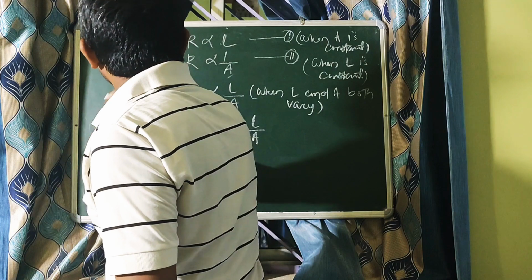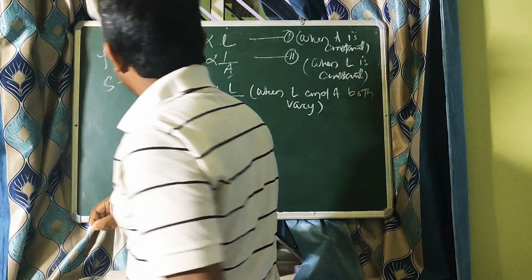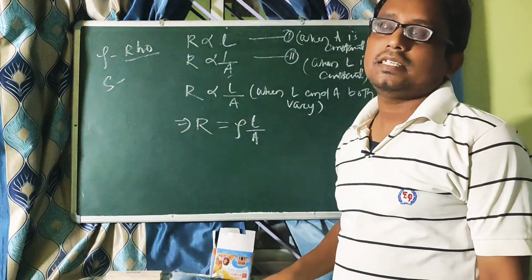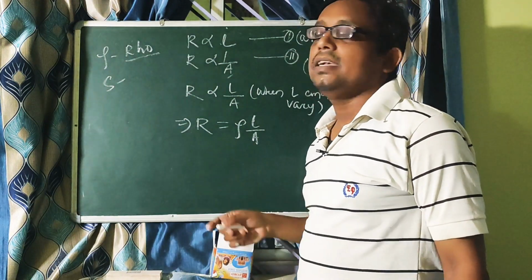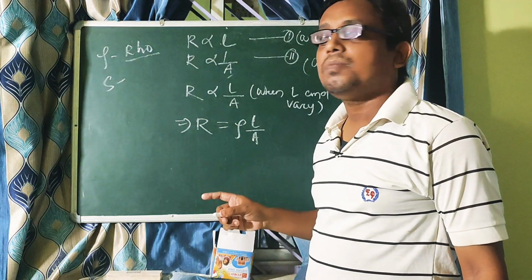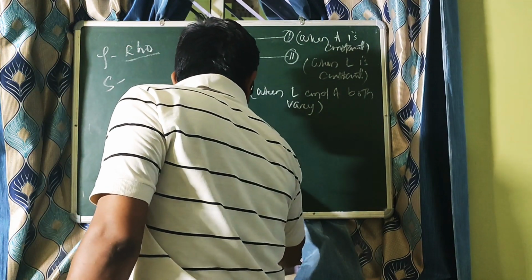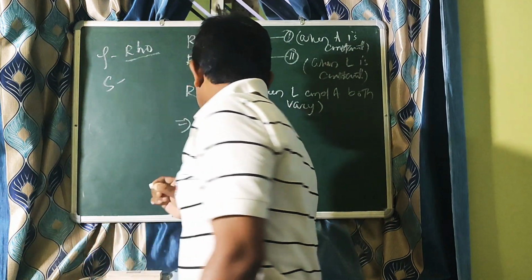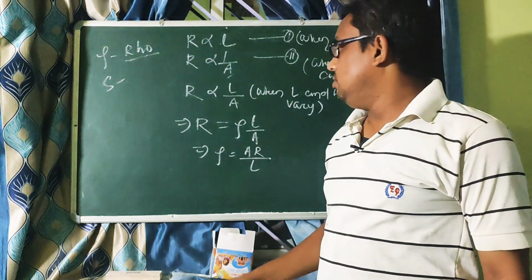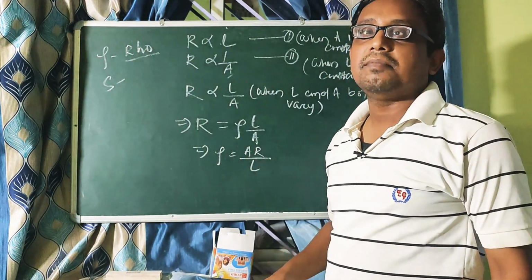In some books it is written S instead of rho. Rho is a constant of proportionality. Or we can write rho is equal to AR by L.